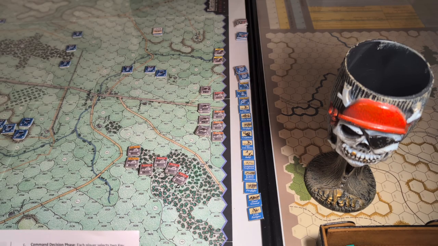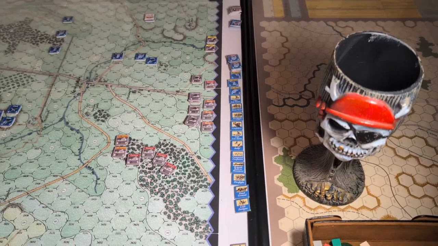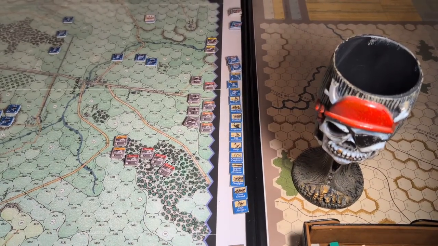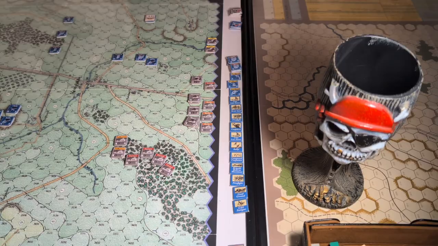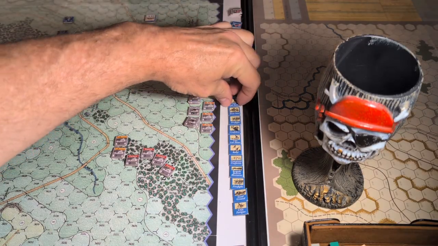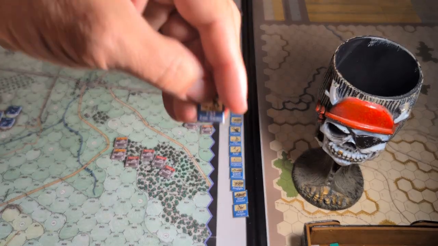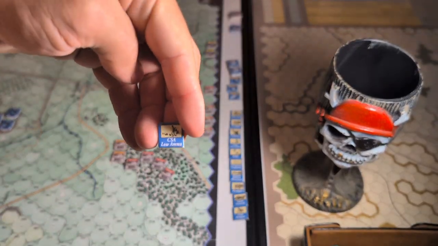So if we look at the Union, presently they probably want to have this CSA low ammo. They want to throw that on them pretty quick.